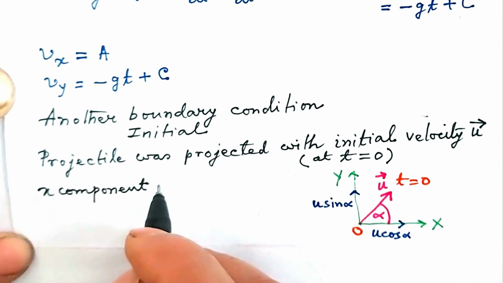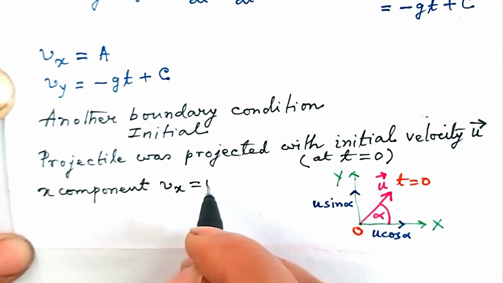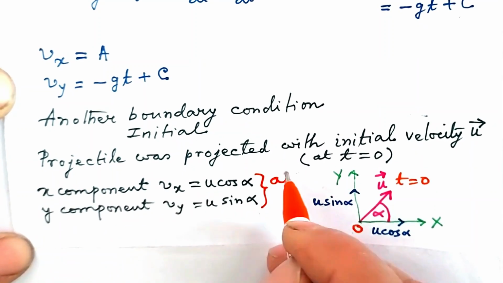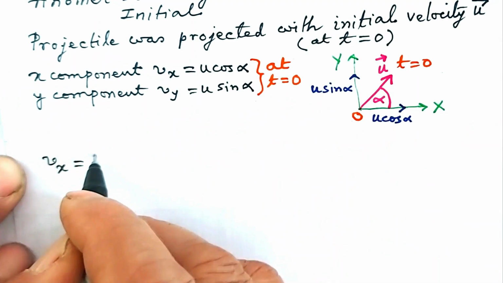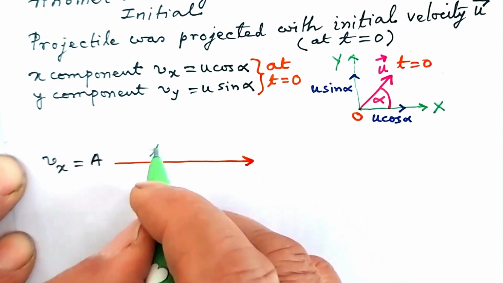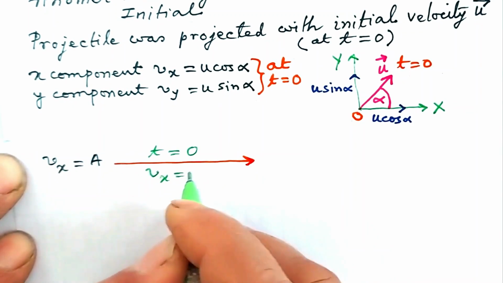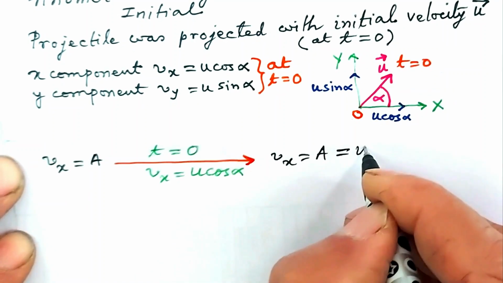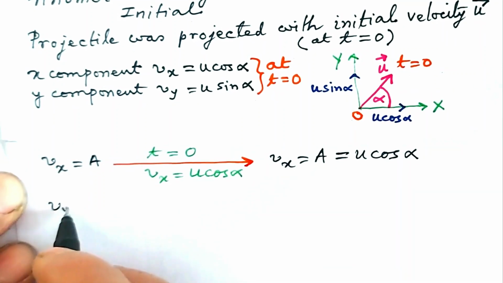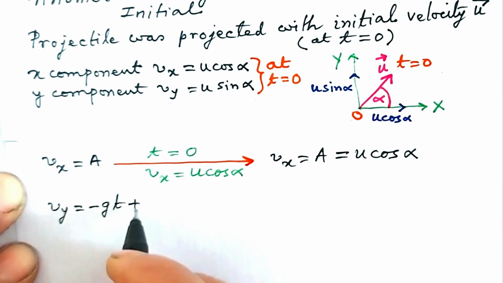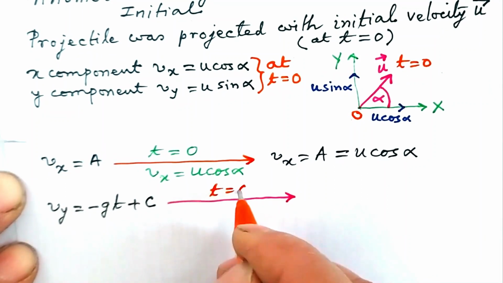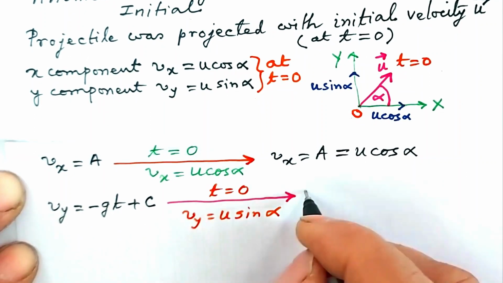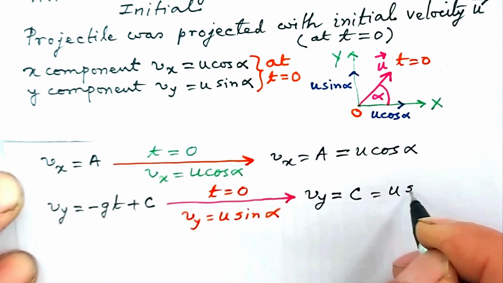Let us write it Vx equal to u cos alpha and Vy equal to u sin alpha at t equal to 0. So Vx equal to a, with the condition that at t equal to 0 Vx equal to u cos alpha becomes Vx equal to a equal to u cos alpha, and Vy equal to minus gt plus c, with the condition that at t equal to 0 Vy is u sin alpha becomes Vy equal to c equal to u sin alpha.